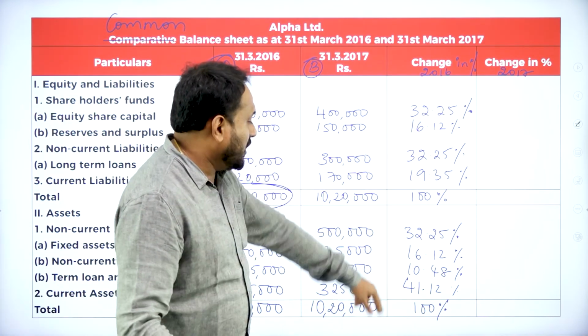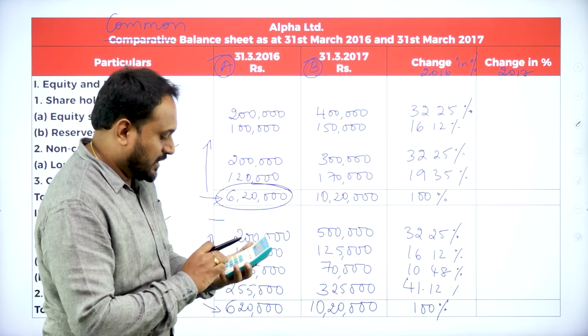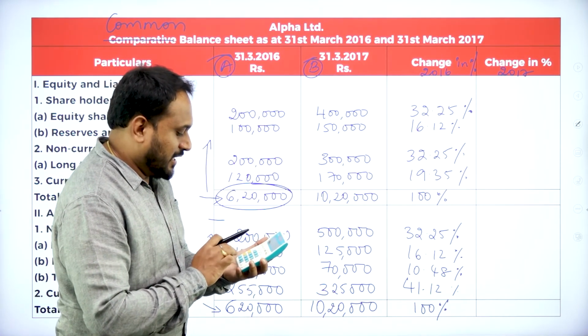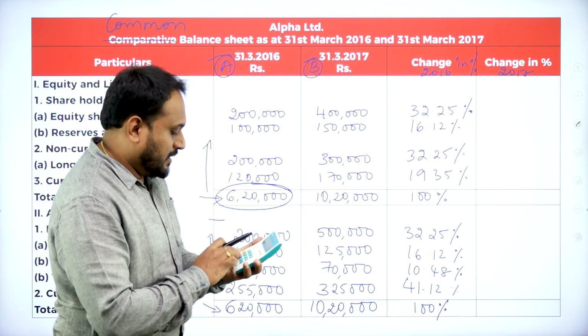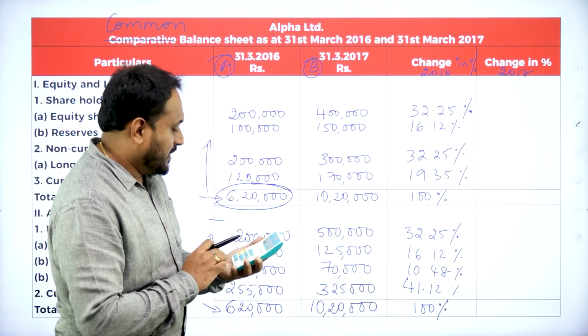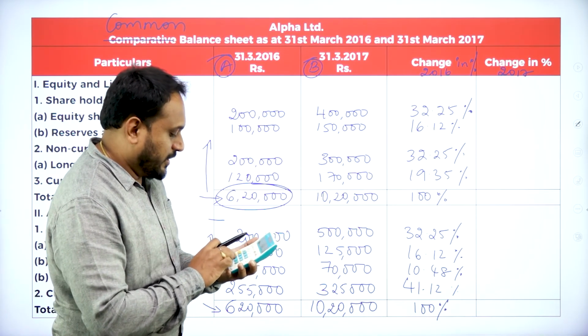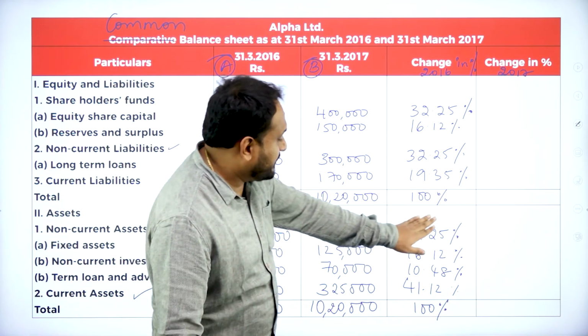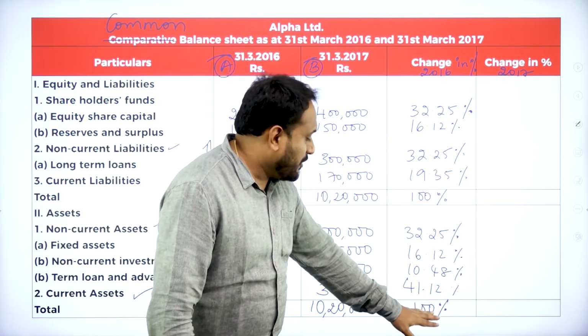Now if you add all these, 32.25 plus 16.12 plus 10.48 plus 41.12, again it is 99.97. If we had taken the round figures properly, it would have been 100%.